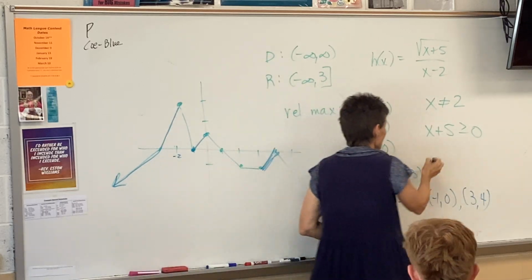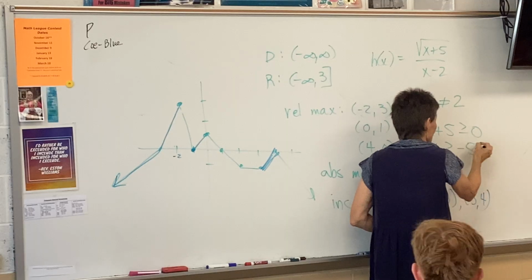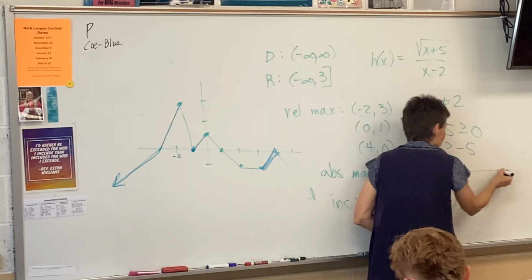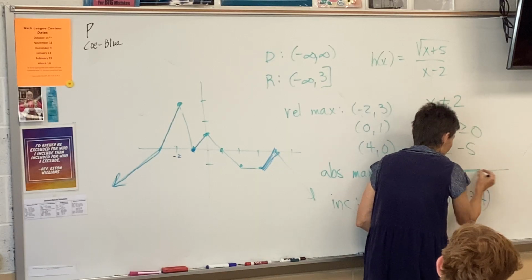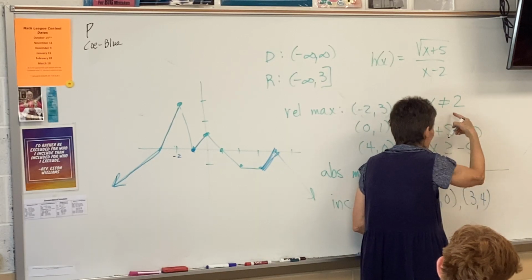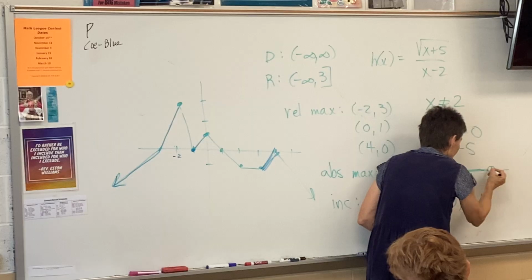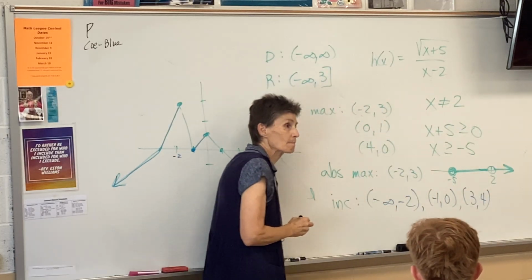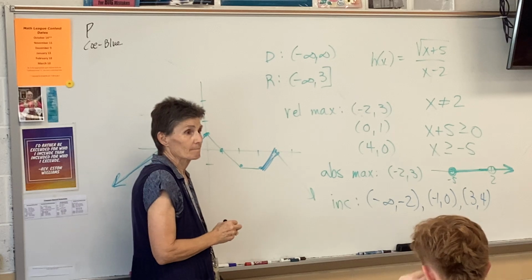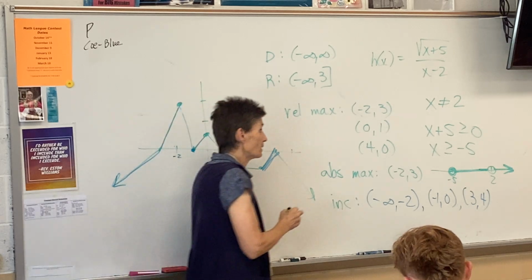So x has to be bigger than or equal to negative 5. I like to draw a picture of this. Here's negative 5. I'm bigger than or equal to negative 5, except I can't be 2. So I look like that. So what's my domain?